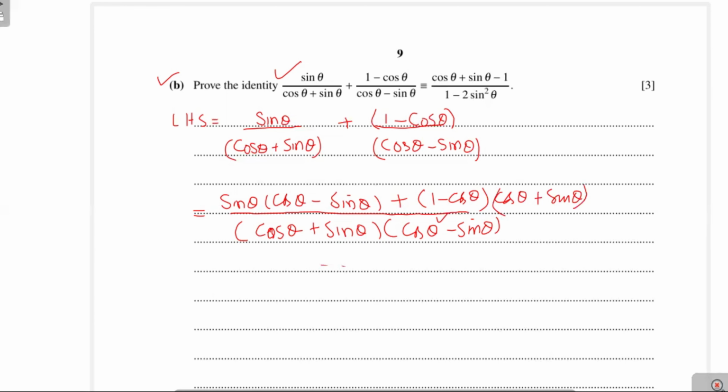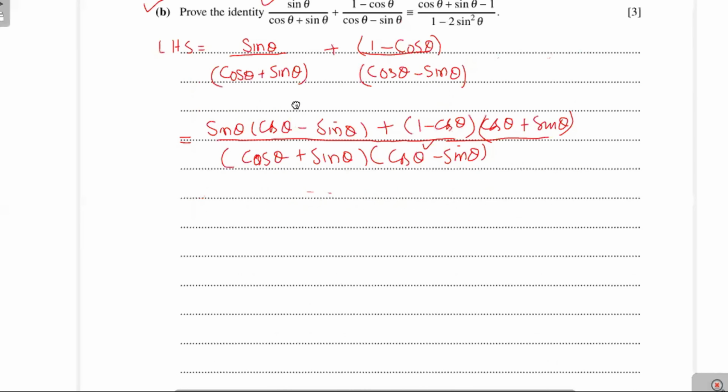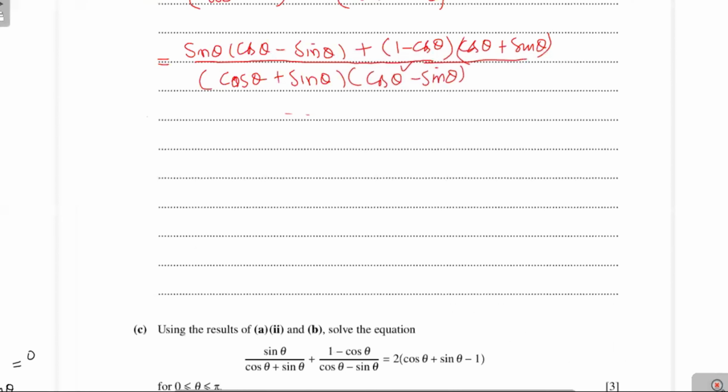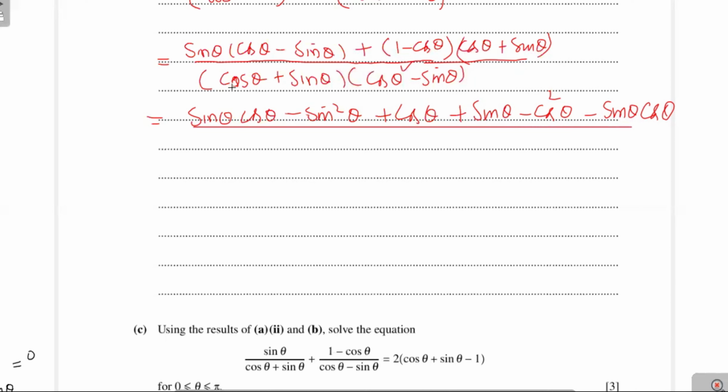Now you see here, we simplify it, and to simplify this, we get sin theta cos theta minus sin squared theta, and 1 into cos theta is cos theta, 1 into sin theta is sin theta, minus cos squared theta, minus plus minus sin theta cos theta, over cos theta plus sin theta into cos theta minus sin theta.